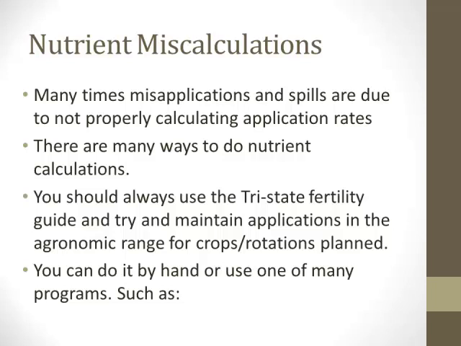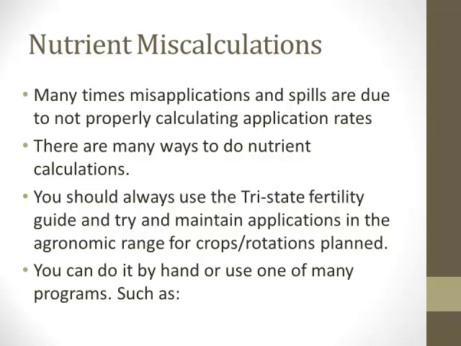Many times misapplications and spills are due to not properly calculating the application rates. Doing the nutrient calculations is critical. Assuming is not a real good thing. That's one of the reasons we have sheets to record what's being applied that include the manure test, the soil test, the pounds of N, P, and K that are being applied.